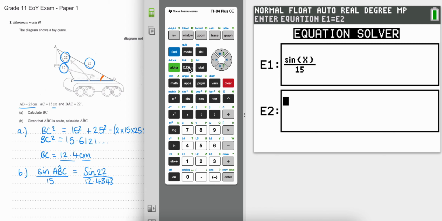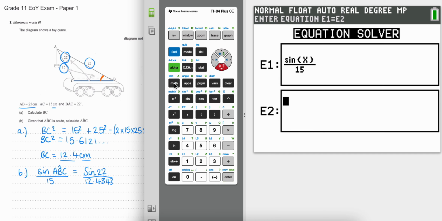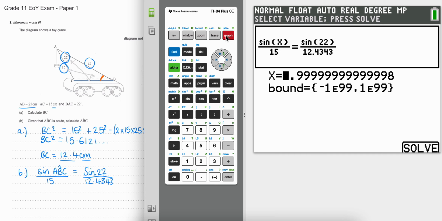And then if I clear the second equation, my other side again is a fraction, and I have sine of 22 over 12.4343. So I'm just going to click OK, which is the graph button, and then solve, and I can see that my answer there is 26.9 to 3 significant figures.